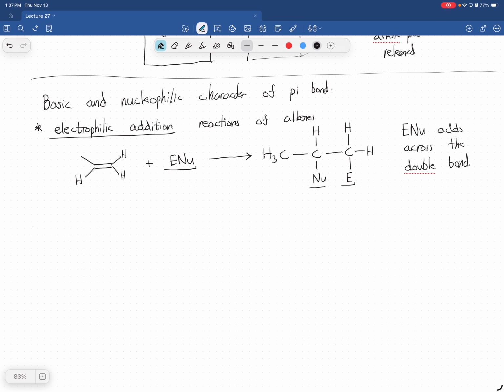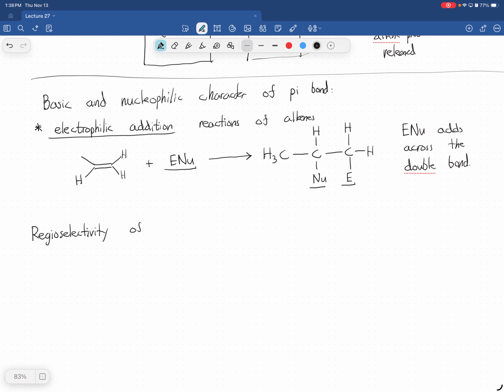First we have to think about regioselectivity. Remember, regioselectivity is like asking you, which side do my atoms add to? Does the water add to the left side of the alkene or the right side? So there's a generalization we'll make about that, okay?